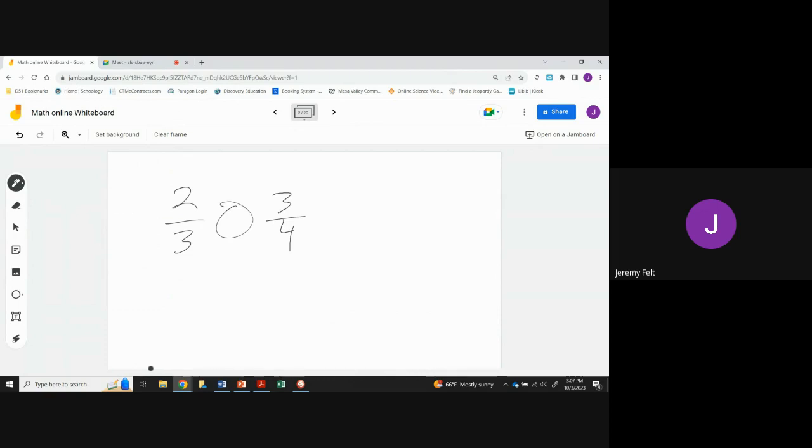So again, this is when we had 3, 6, 9, 12, 4, 8, 12. Again, 4/4 and 3/3 are equal to 1. So we're renaming, but we're not changing the value. Then once we have them renamed and they're over the same denominator, it's pretty easy to see, well, 9 is greater than 8, so 9/12 is greater than 8/12.